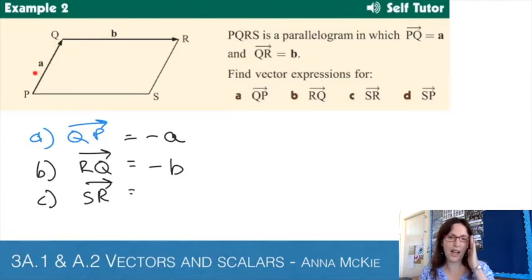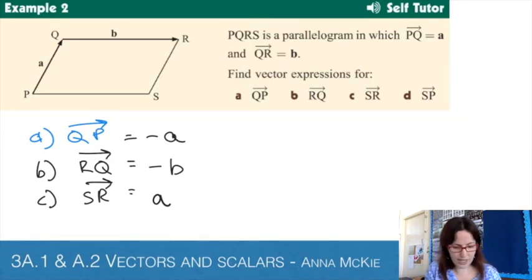It has the vector of A. And when we talked about vector equality, if you've got the vector A and you can move it, so a translation in any direction, up or down, but keep it the exact same length, you could shift that vector A over so it's superimposed on the line SR, and therefore that would be equivalent. So your answer to get from S to R is A. And notice it is positive A as well because it's going in that same direction.